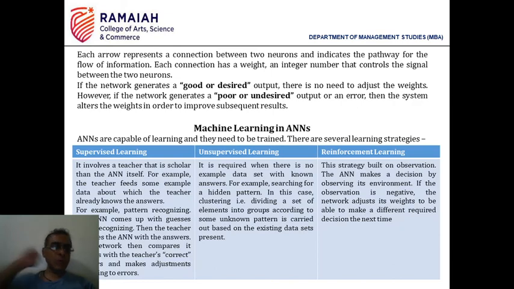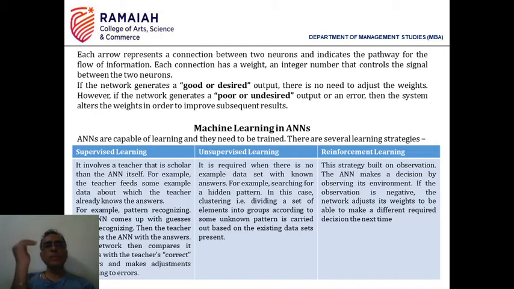Now let's look at three aspects of machine learning. One is supervised learning, unsupervised learning, and reinforcement learning. Each arrow represents a connection between two neurons and indicates the path for the flow of information. Each connection has a weight, an integer number that controls the signal between the two neurons.